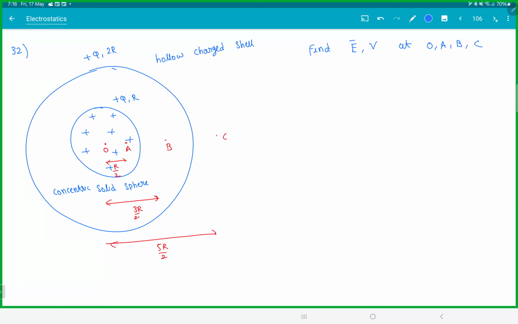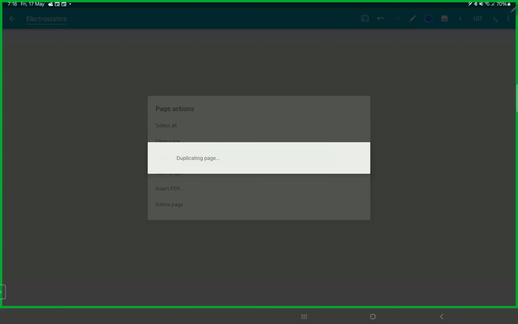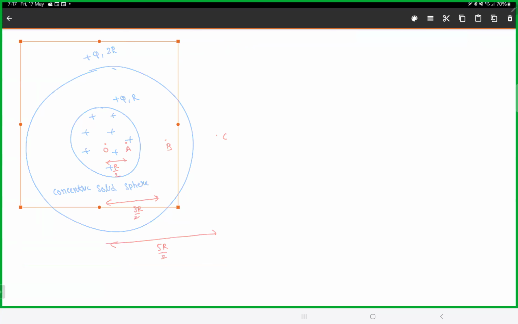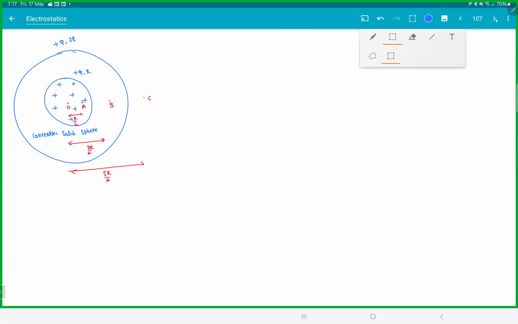Let's get this. This is how I will do it. So let's say hollow sphere, solid sphere. If you can find both of them, I can just add them up. At O, the field from the hollow sphere is 0 and from the solid sphere is 0, because at the center it is 0.